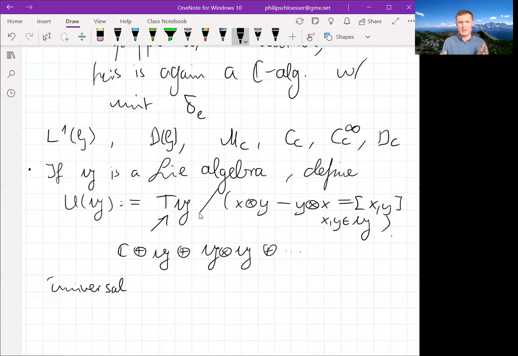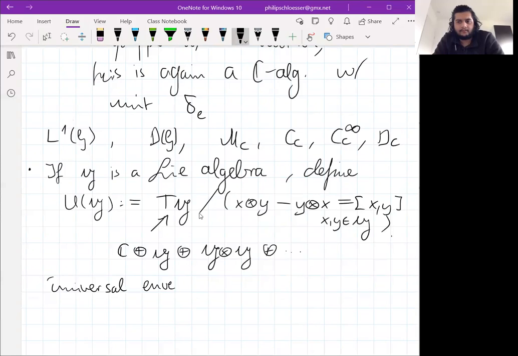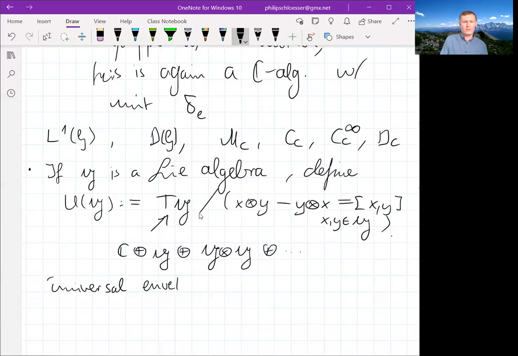So we just take whatever external powers of G, add them to each other, and then we say, well, but the Lie brackets should still be the same as the commutator. But wouldn't that hold true anyways? No. Because those are just elements of this tensor product, and this tensor product isn't symmetric or anything.